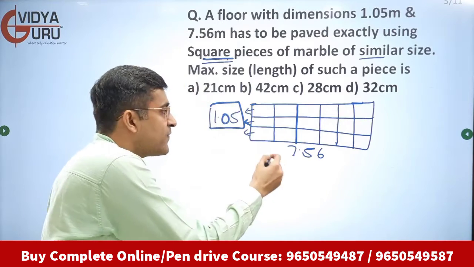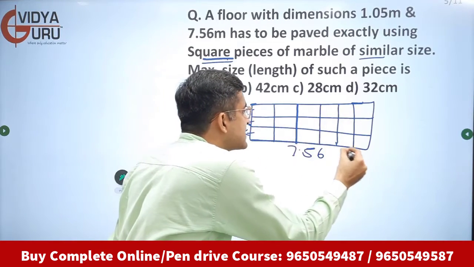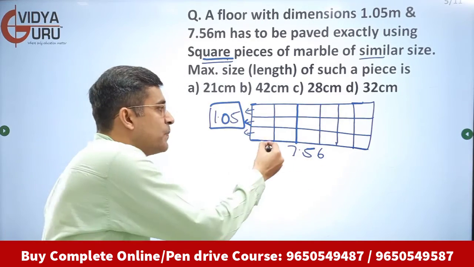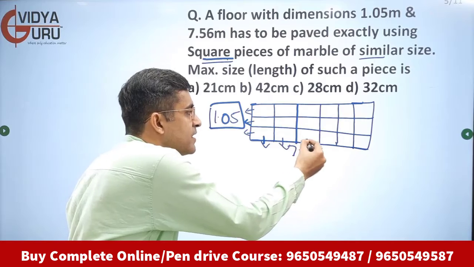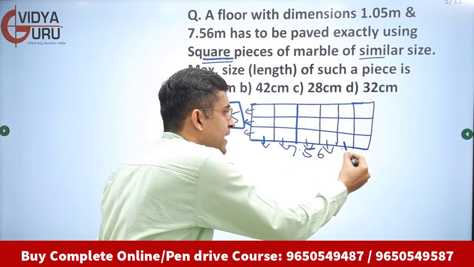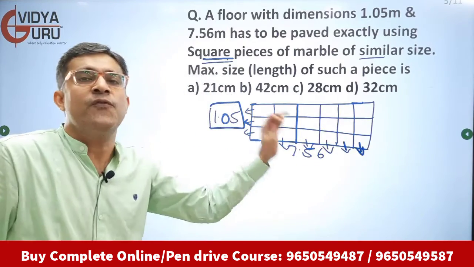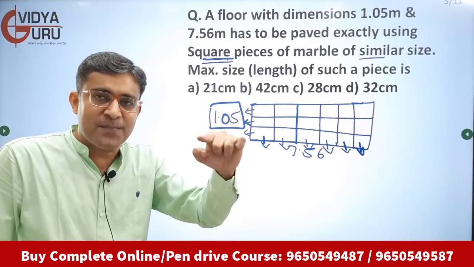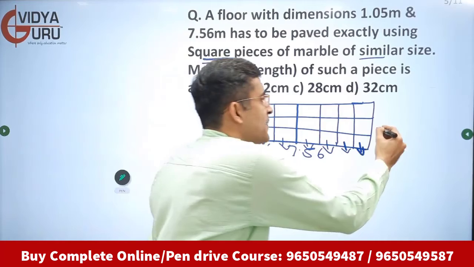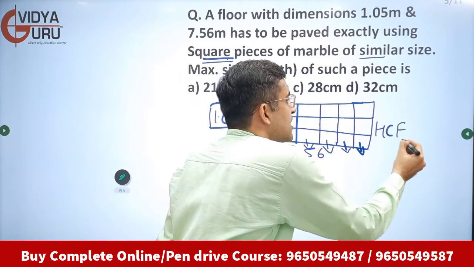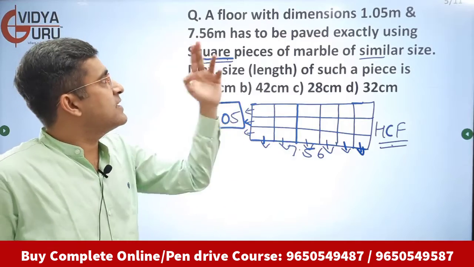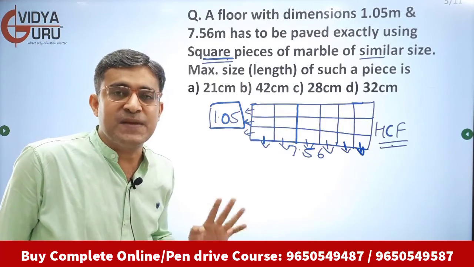Even 7.56, the other dimension, should be completely divisible by this side of the square. That means you have to think of the highest number, the biggest number, which is a common factor of 1.05 meters and 7.56 meters.